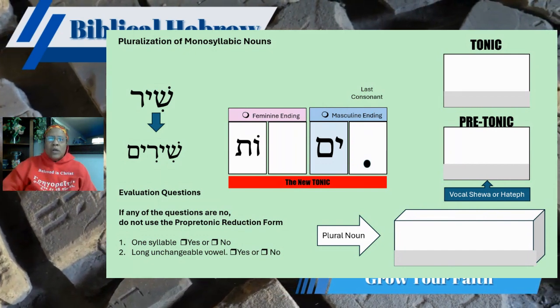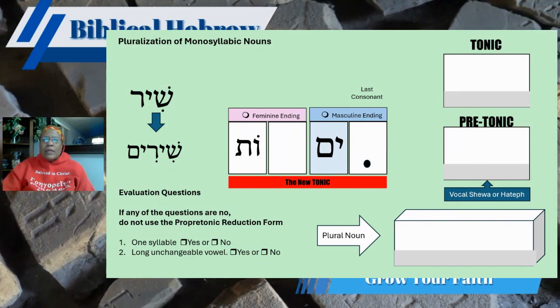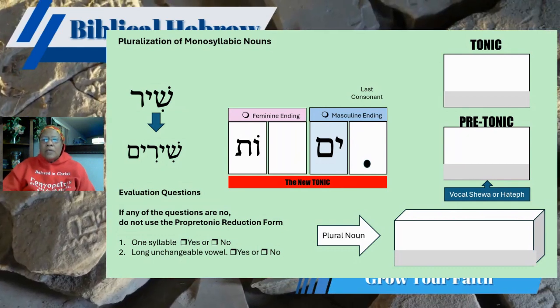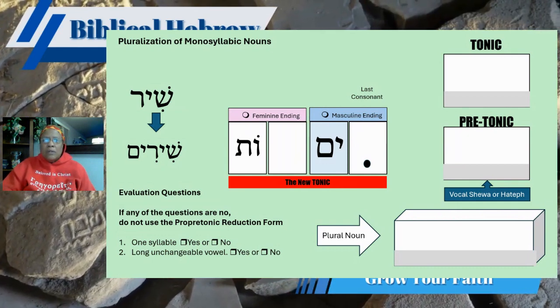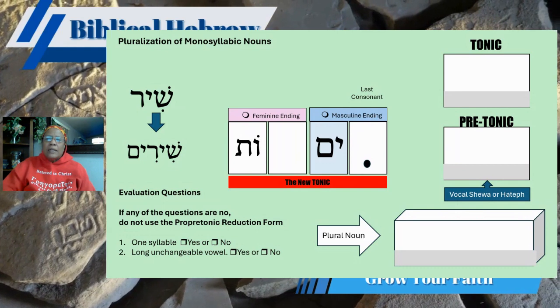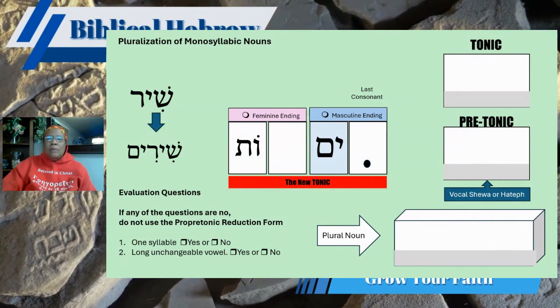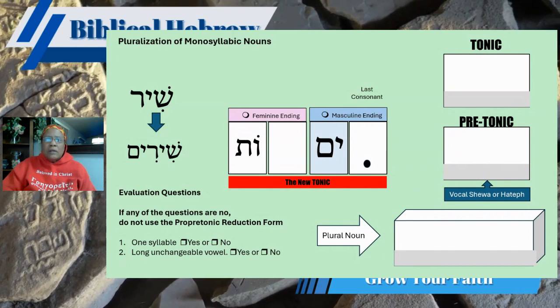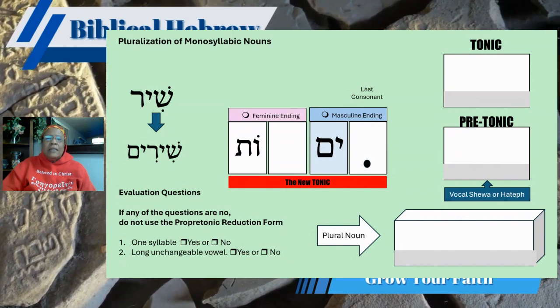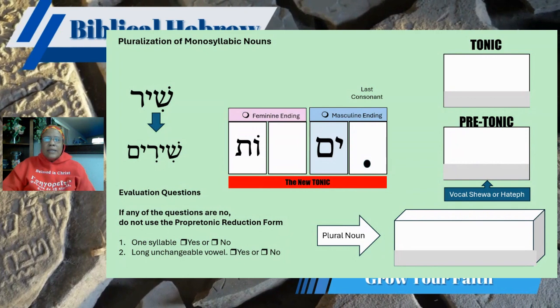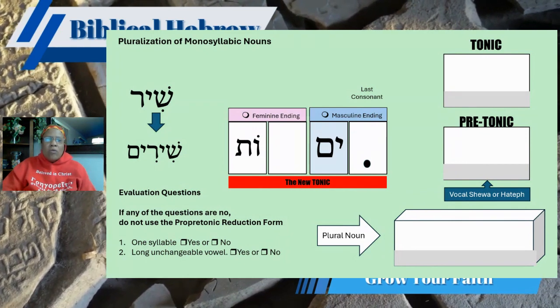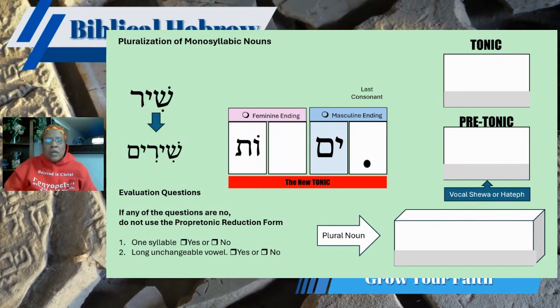You will want to write your words directly in the white boxes. You would put your tonic, your pretonic, and then followed by the entire writing of the word. In the blue box, you'll see the masculine ending versus the feminine ending. And then down below, you'll answer the questions.